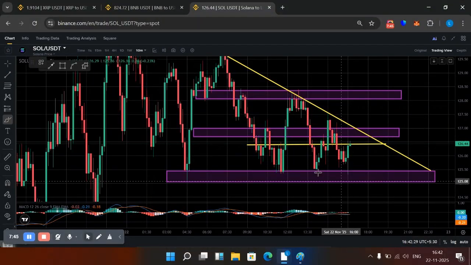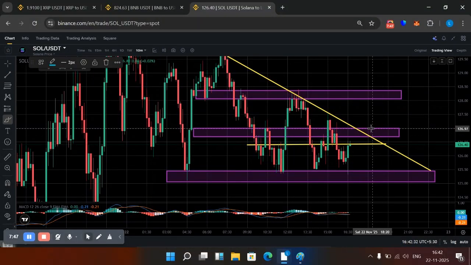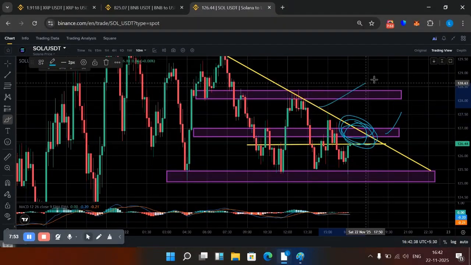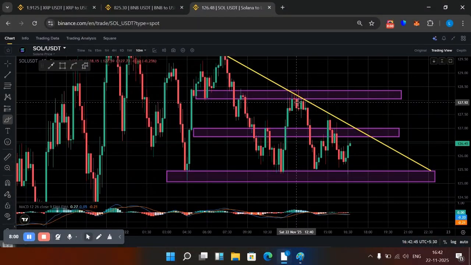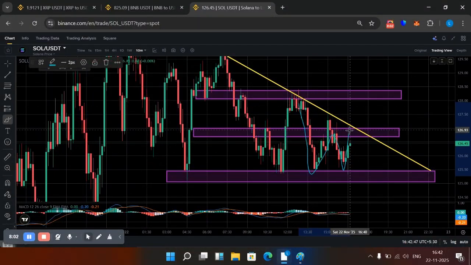Our final resistance is going to be this. These two. This purple box is also correct and the yellow line is also correct, as I already said. Fine. Remove that line. Now this is also a W pattern, so most probably it's going to fall. That's another confirmation that we get.